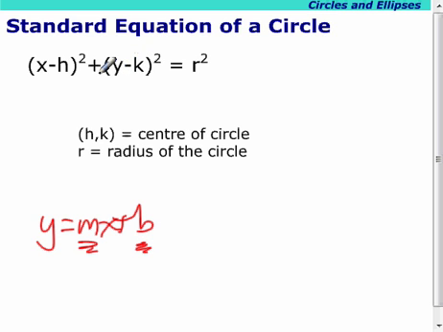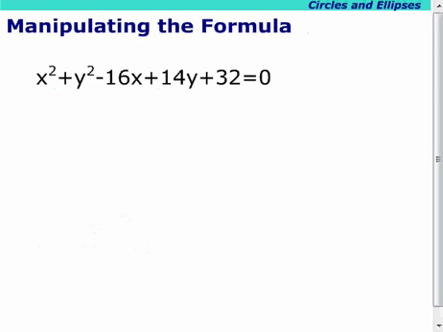Same thing with a circle: where the center is and what the radius is. So if we can get the equation of a circle to be in this format, then I can draw from that what the center of the circle is and what the radius is. So let's go through the steps in doing that.